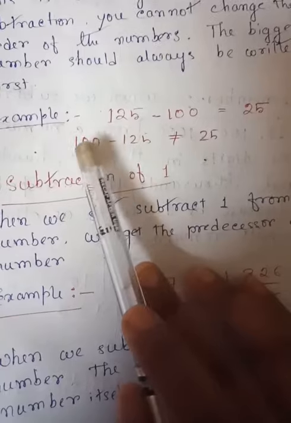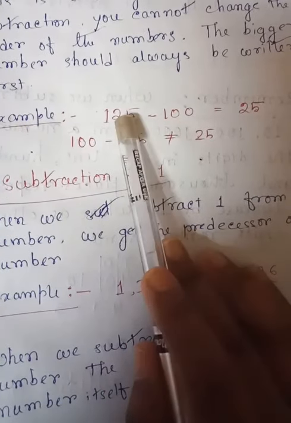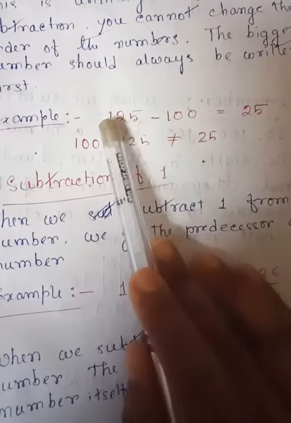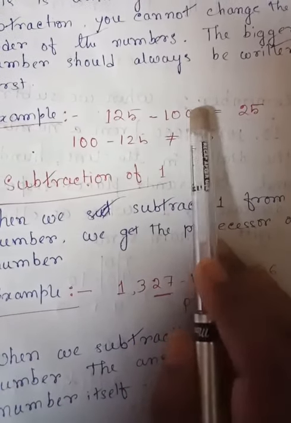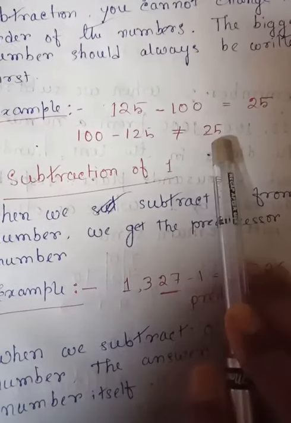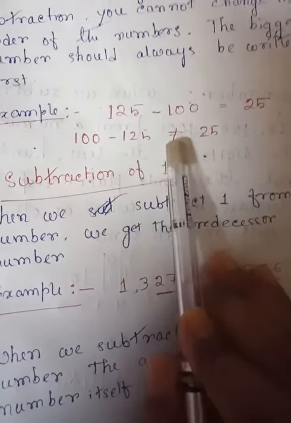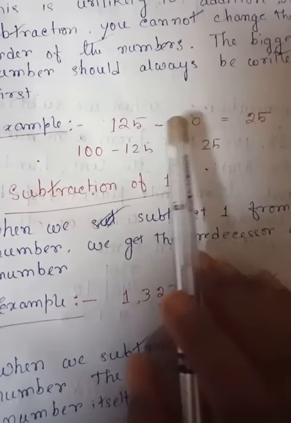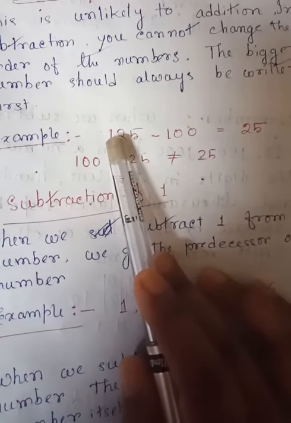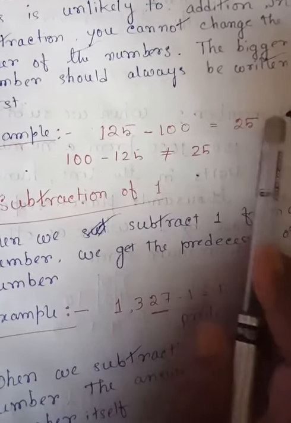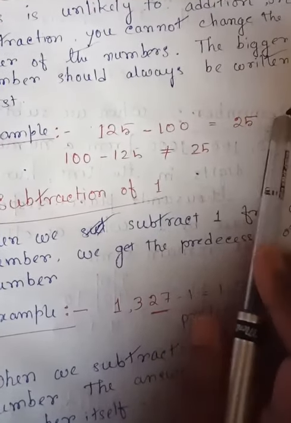Now if I change the order, that means I replace 125 with 100 and 100 with 125, then is it possible in case of subtraction? No. See, this is not equal to 25. Okay, that means in addition what we have done is 1 plus 2 is equal to 3 or 2 plus 1 is equal to 3, right?